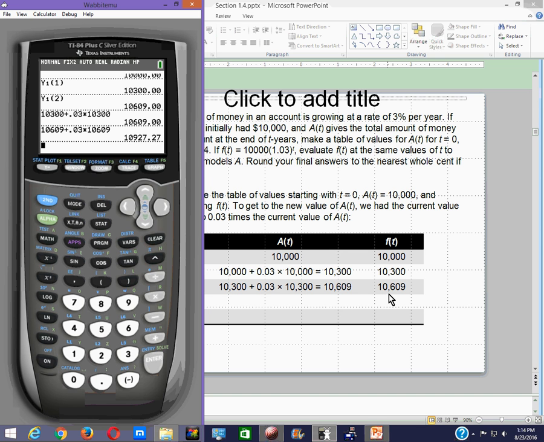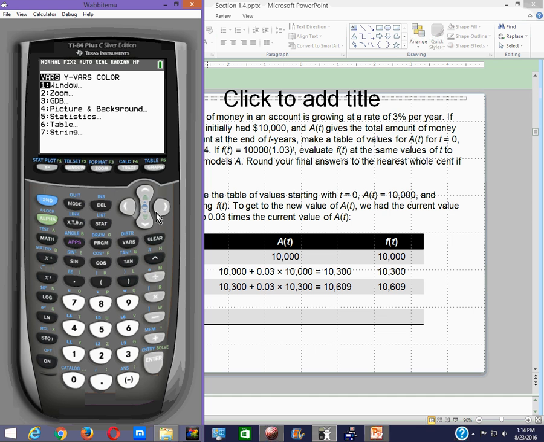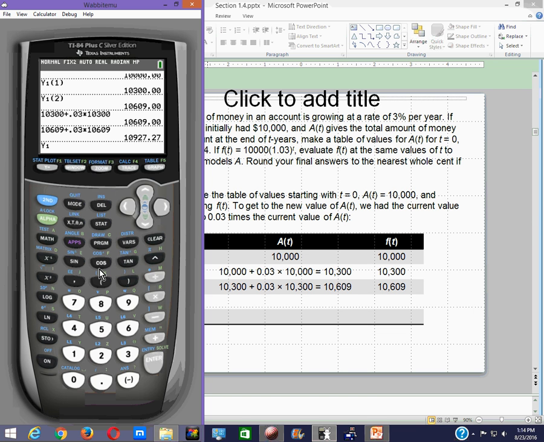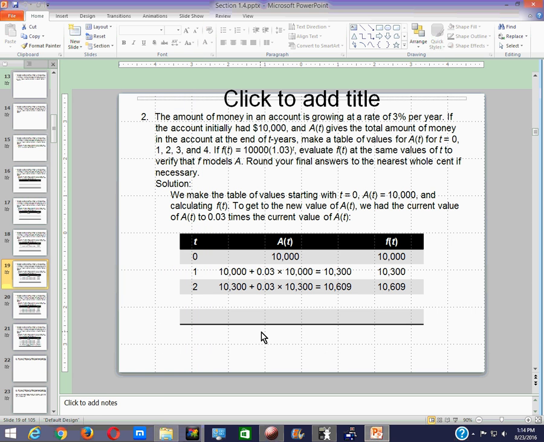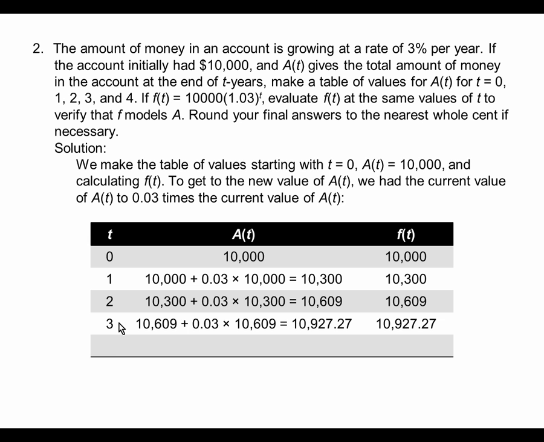Let's verify what f of 3 is. So I go to vars, y vars, function y1 of 3. And they agree. So that's what happens in the row with t being 3.